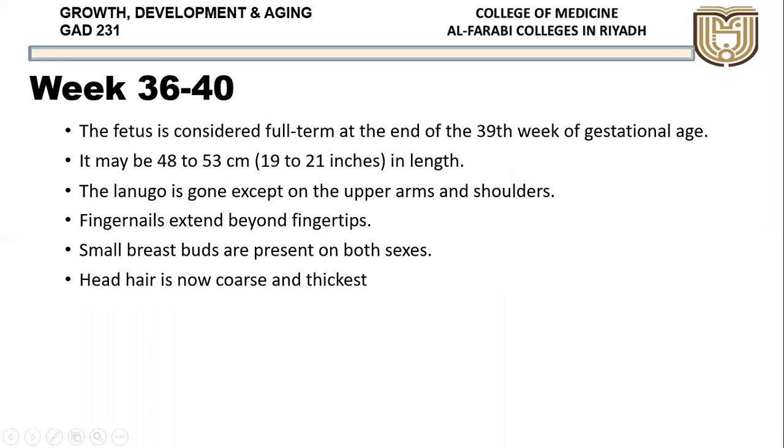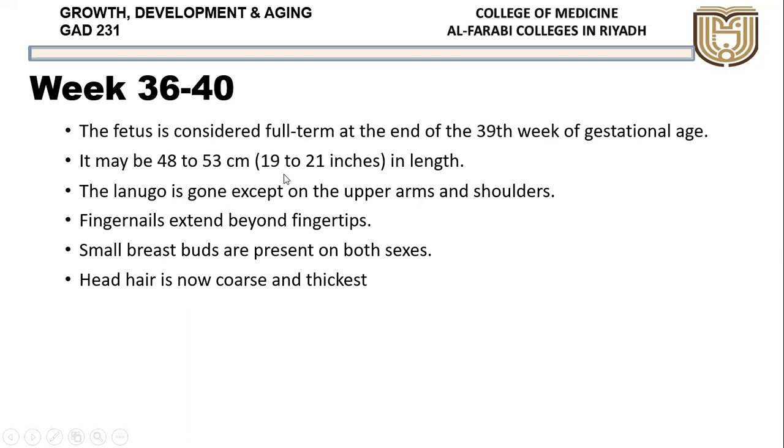The 36th to 40th week is the stage when it has completed its gestational period. Now it is ready to come out of the mother's womb and survive as an individual separately. Okay, so this is called the gestational age, the 39th week, when it is complete.